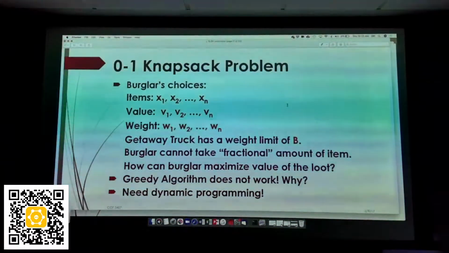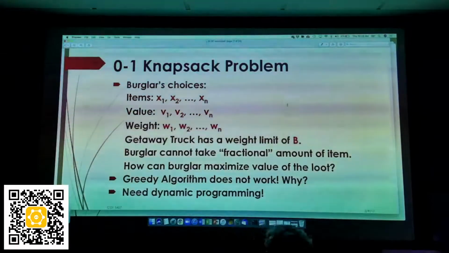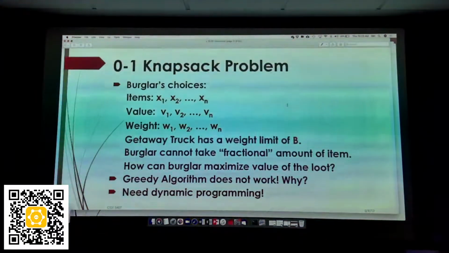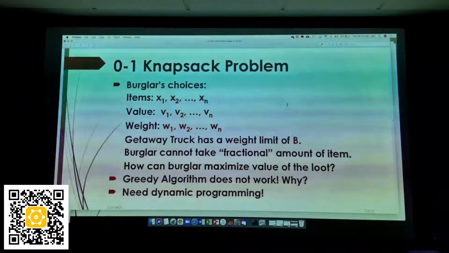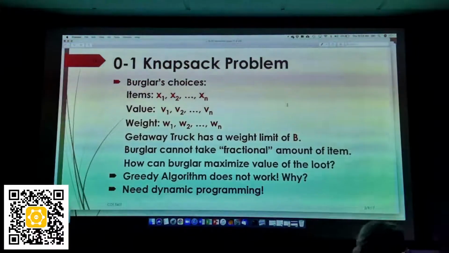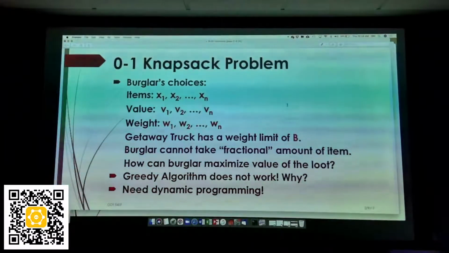That's what we have to figure out. So greedy algorithms will fail, or there are lots of examples where it'll fail. So that's why you need dynamic programming, and this is where we have to start to apply our approach and figure this out. Okay.